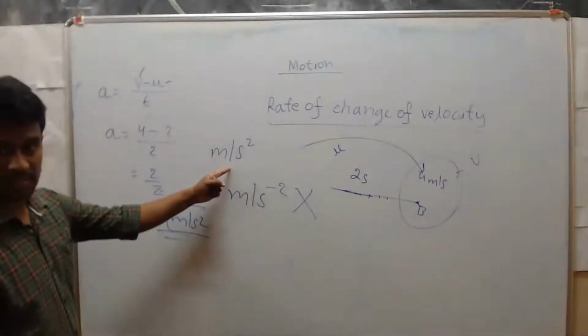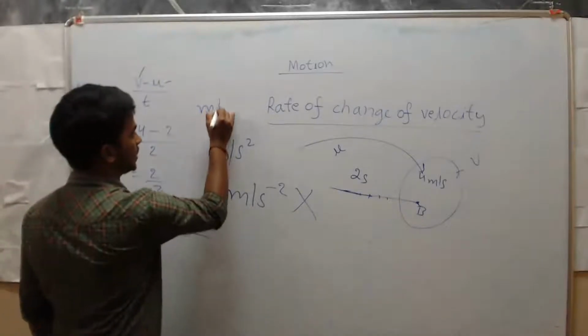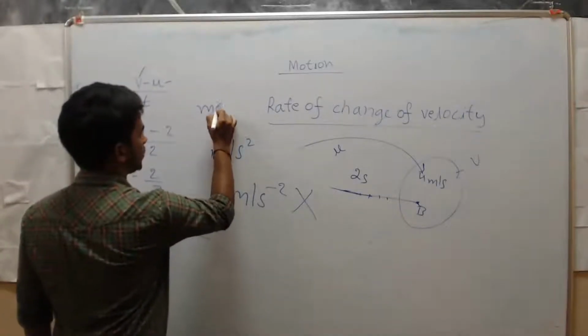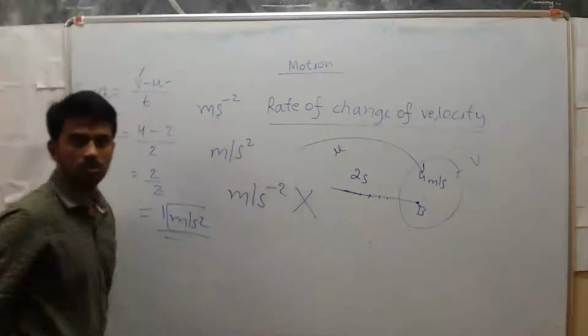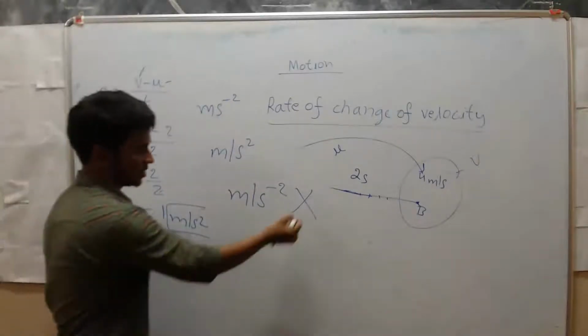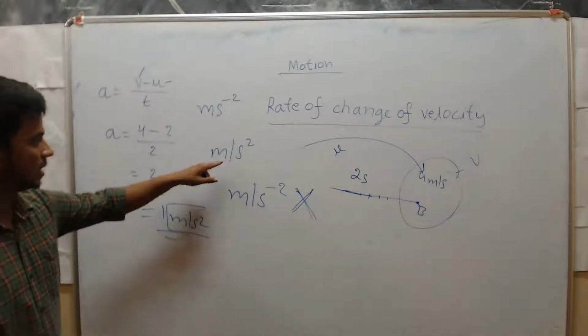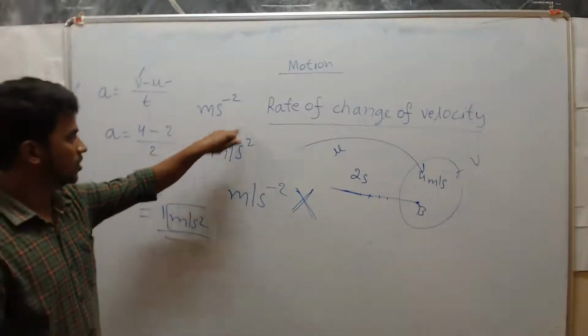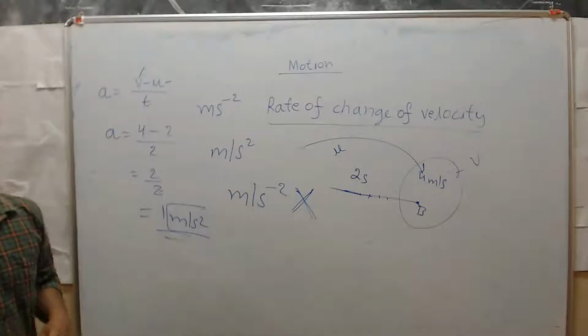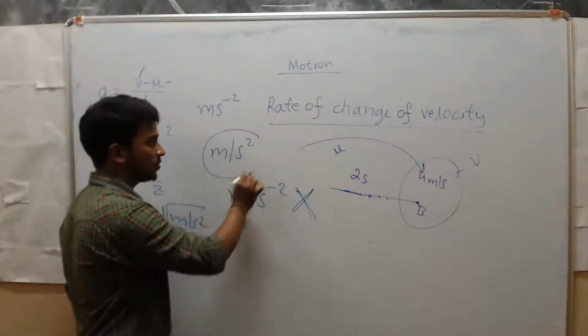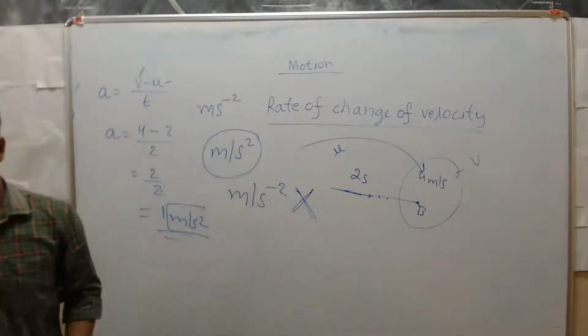You should write it like this, meter per second square, or like this, meter per second to the power minus 2. This is the SI unit of acceleration.